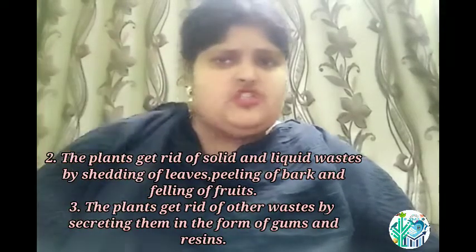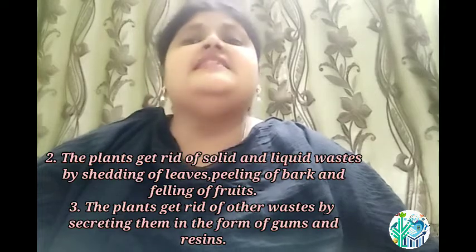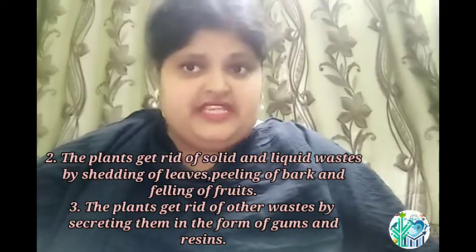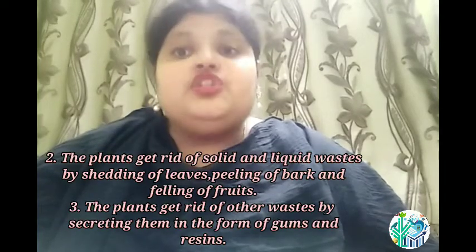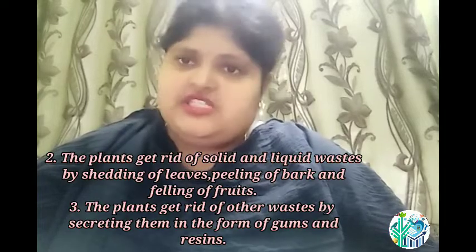Okay, so what are the first 2 methods? Very easy. First method is about the removal of the gaseous waste. The plants get rid of gaseous waste through, what are the gaseous wastes? Carbon dioxide, water vapor and oxygen.